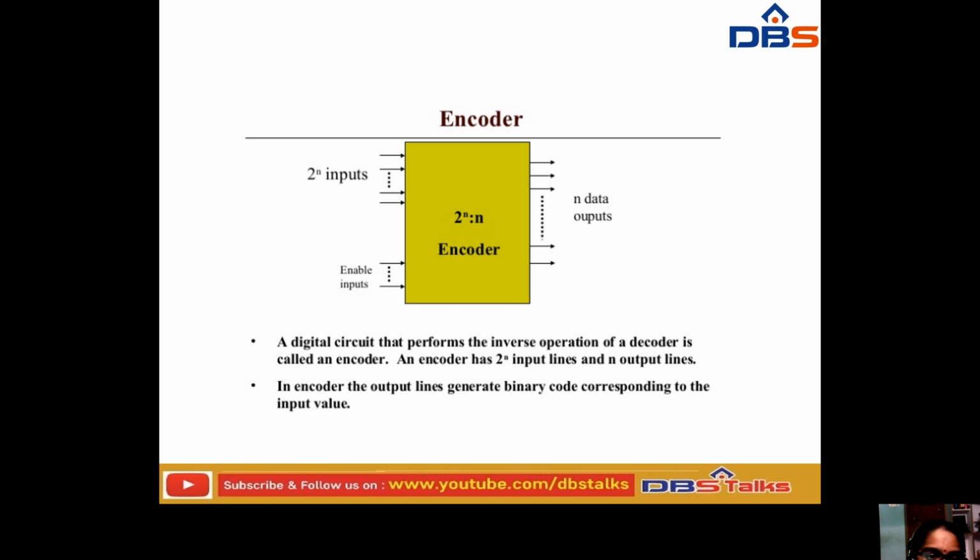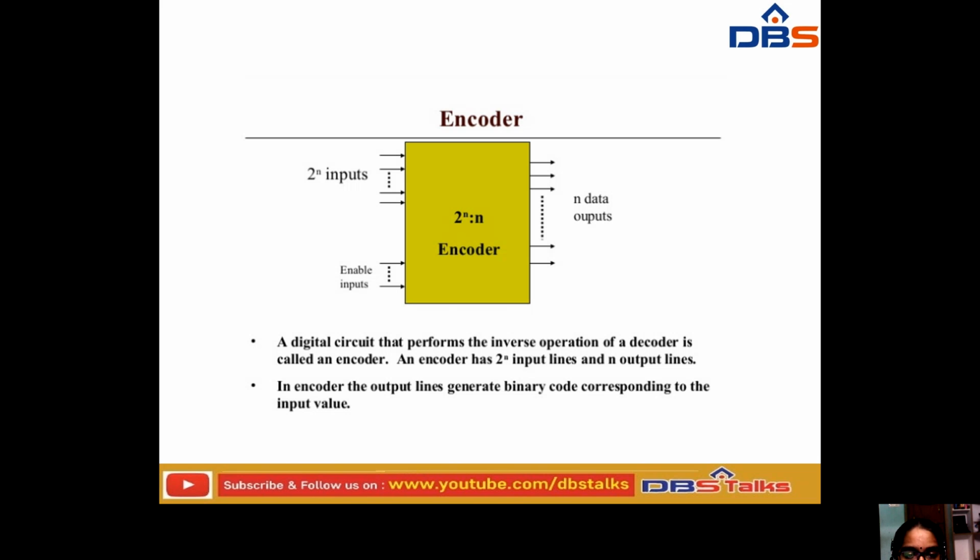If you take the encoder, it has 2 power n inputs and n data outputs. This is a block diagram of the digital circuit that performs the inverse operation of a decoder, which we call an encoder.